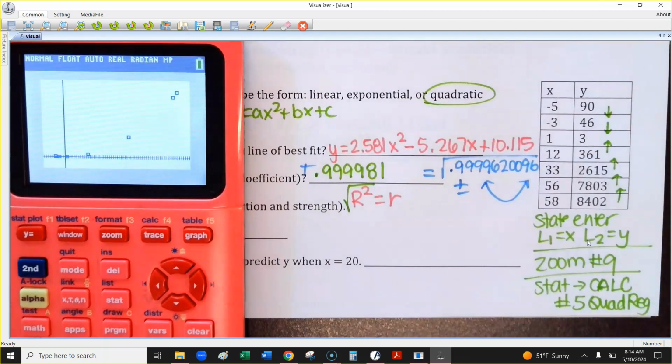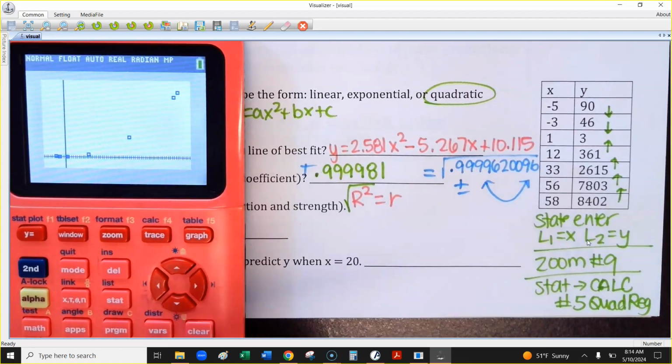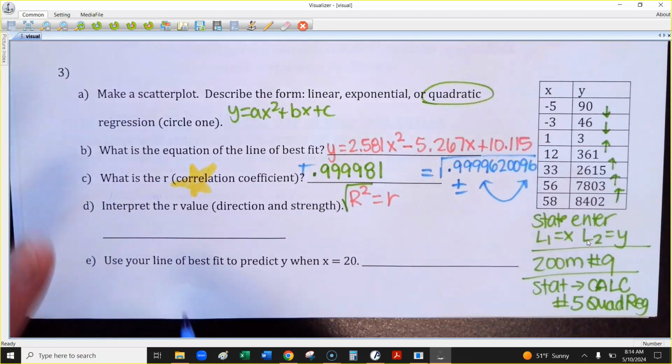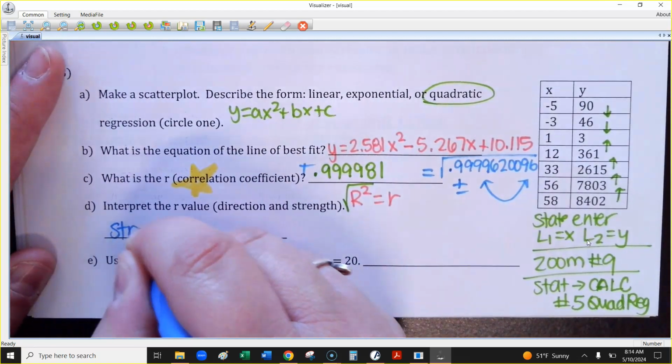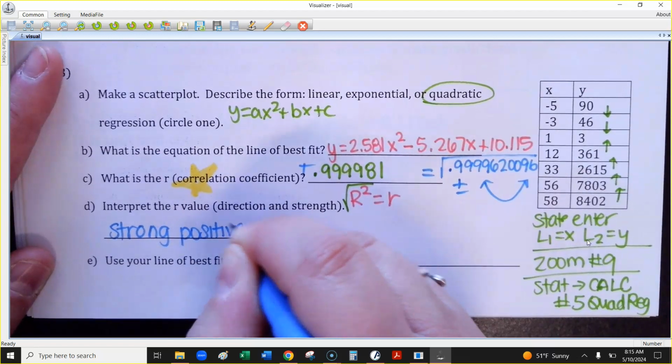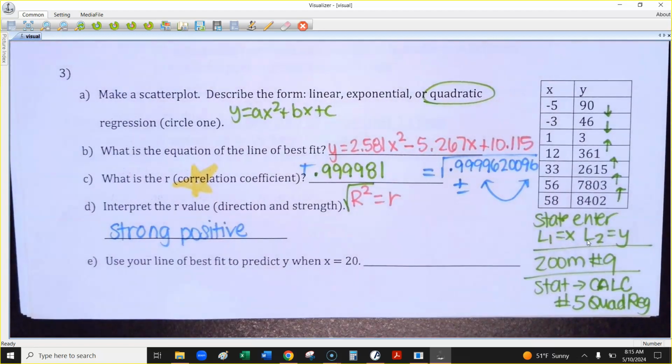If you had your data and it was making an upside down parabola shape, you would have to introduce a negative on that R value, just to be careful. The only one you have to worry about this with is if your data is quadratic. Otherwise, it'll tell you the R value. Now, this is very strong positive, almost perfect, not quite, but that just means the model is a super good representation of the data.